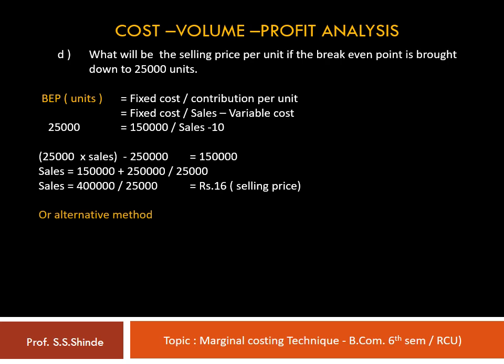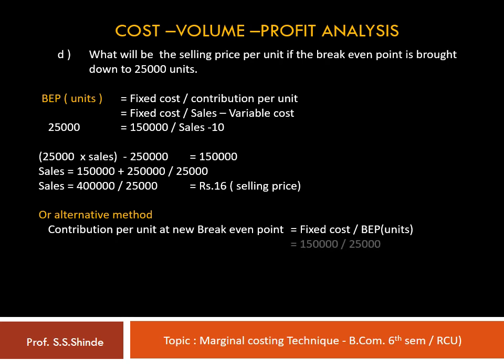There's an alternative method to calculate the selling price per unit, by calculating the contribution per unit at the new break-even point. That is fixed cost divided by break-even point in units, which is 1,50,000 divided by 25,000, which gives us rupees 6 as the contribution per unit.